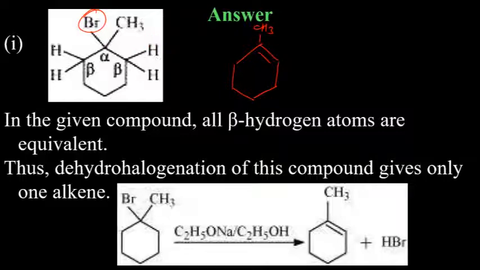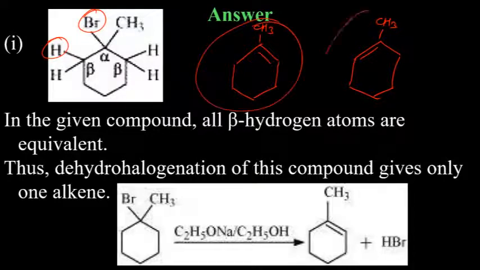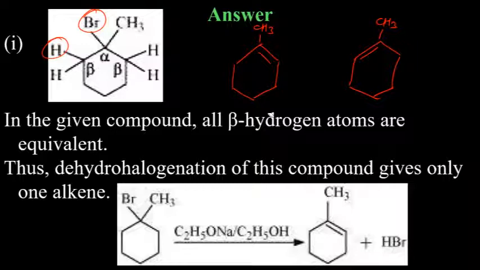If you get hydrogen removed from the other side, the product will be like this. But these are actually the same. There is no difference in these two. It is only that you have flipped the structure, because this structure is symmetrical.